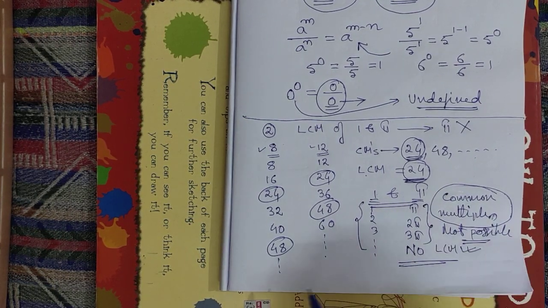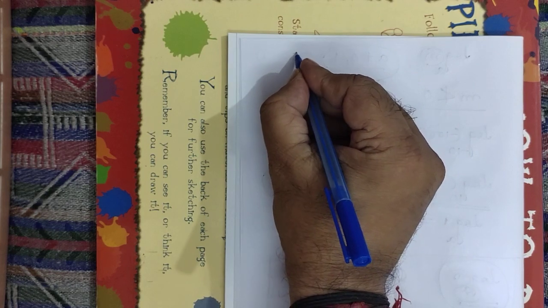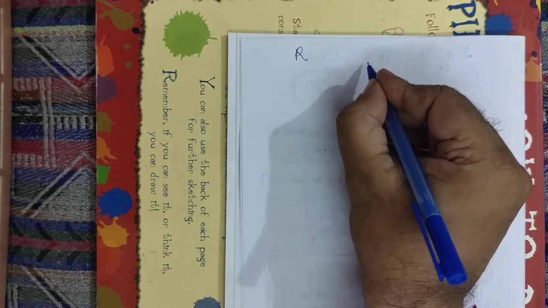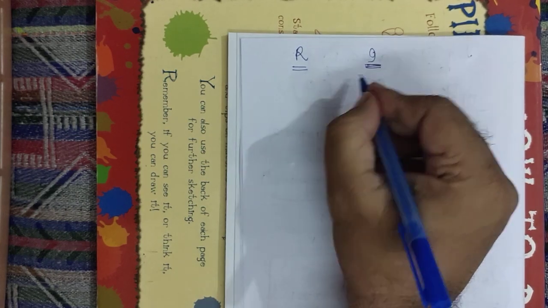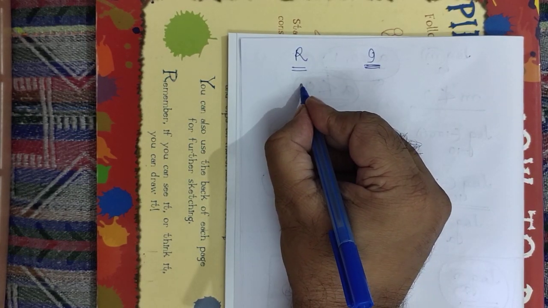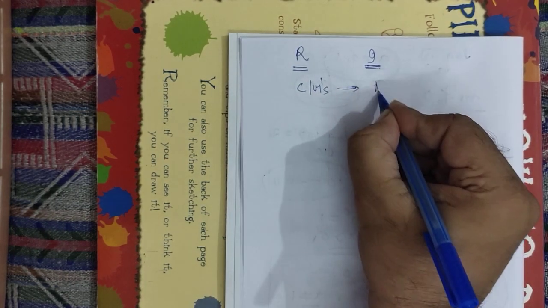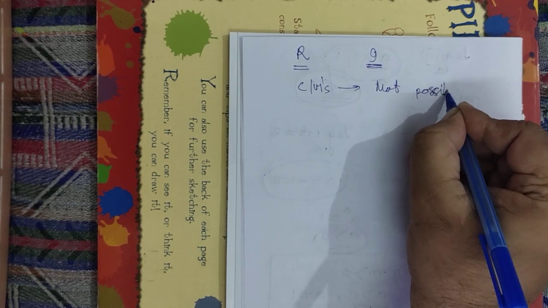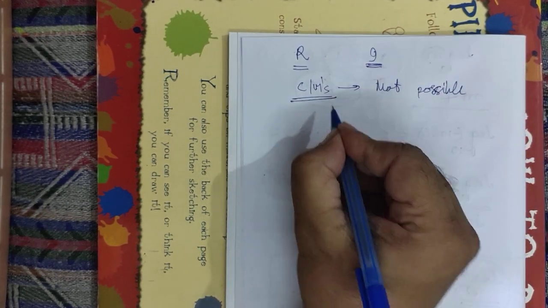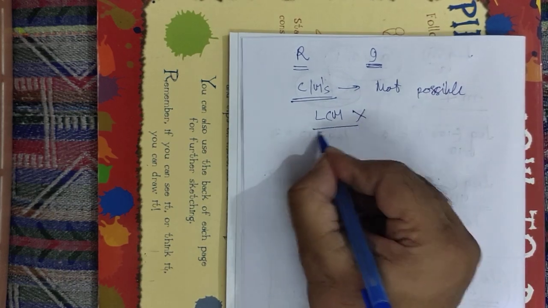That's all. Now, I will tell you my conclusion. Between a rational number and an irrational number, there cannot be common multiples. Common multiples are not possible. If there is no common multiple, LCM can never exist.